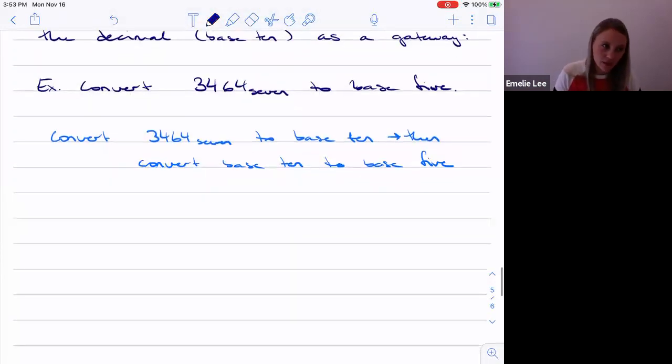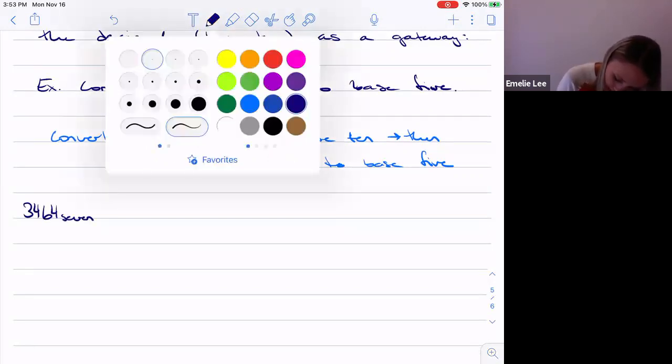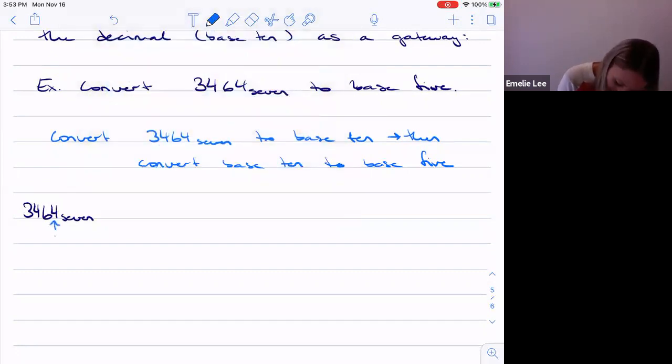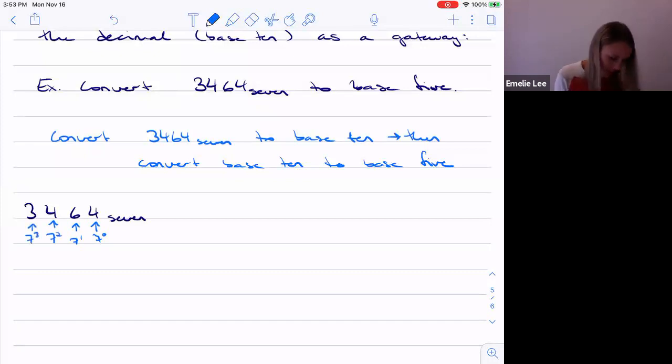So for example, if we have to actually do this problem, we've got 3464 base 7, and I'll write 7 to the power of 0, 7 to the power of 1, 7 to the power of 2, and 7 to the power of 3.